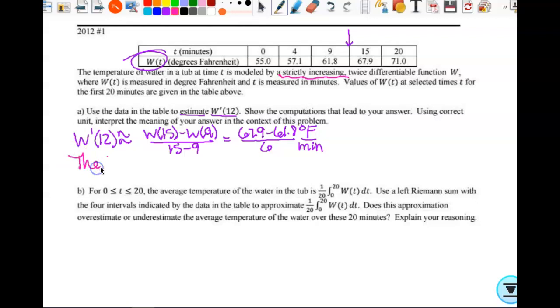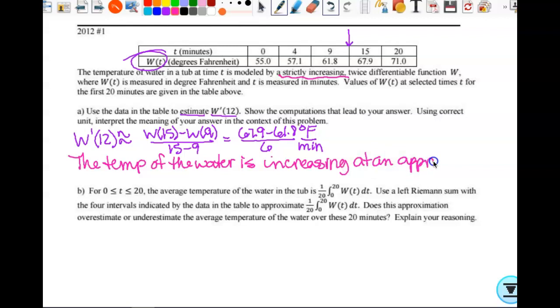So we could say the temperature of the water is increasing at an approximate rate of that at t equals 12 minutes.